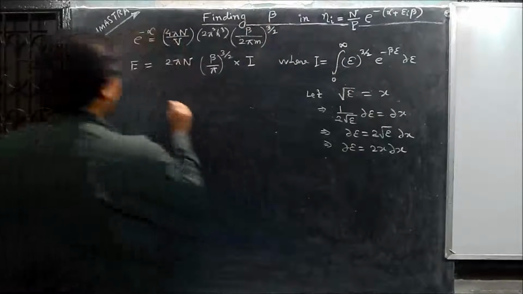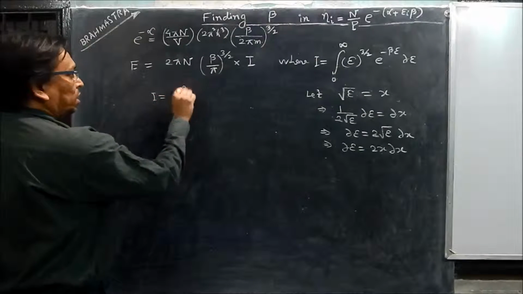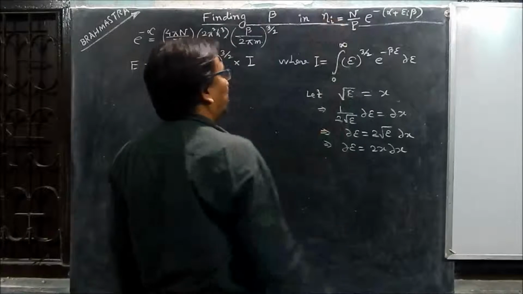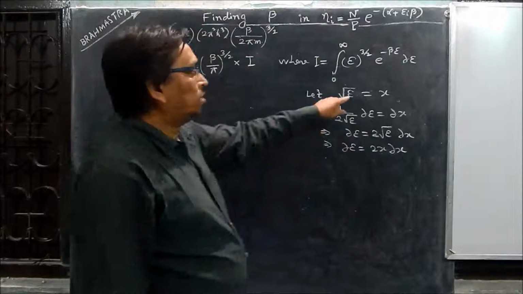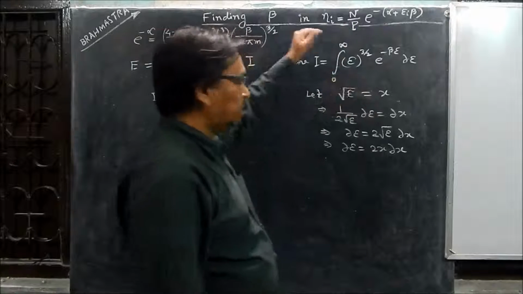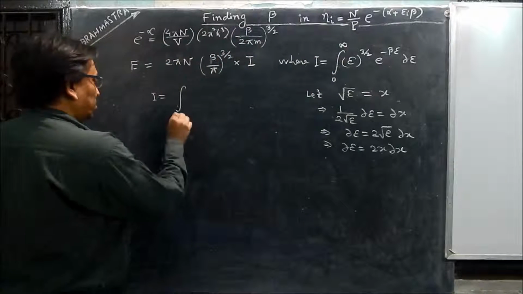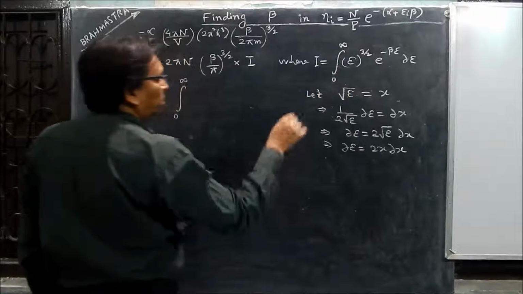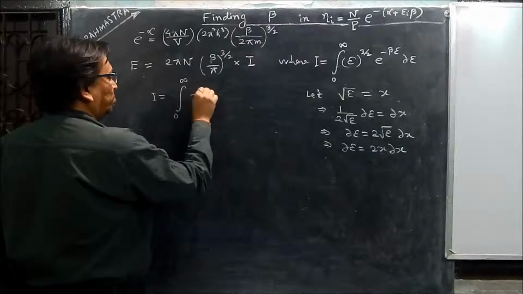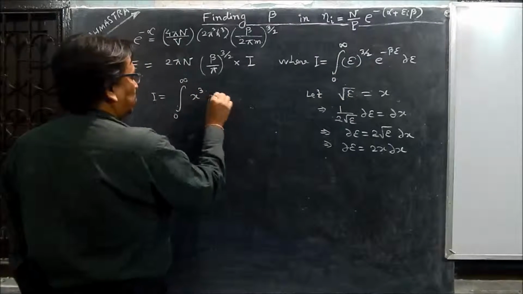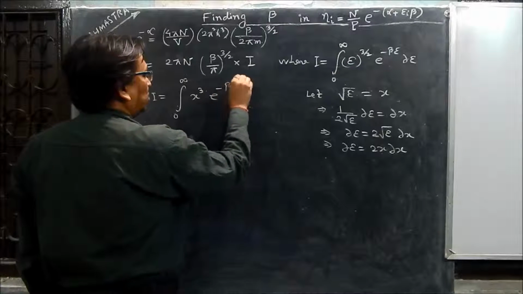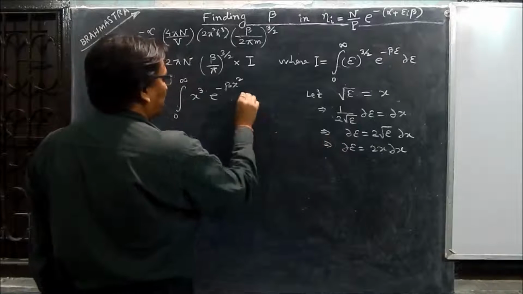The integration becomes, and the limit is 0 to infinity, as root epsilon is x, so the limit is not changing, x cube, e to the power minus beta x square, and 2x dx.